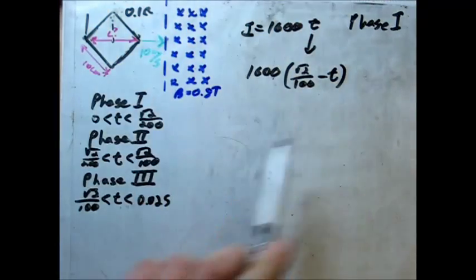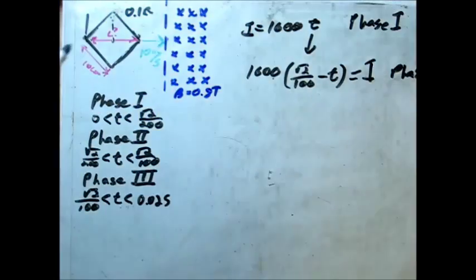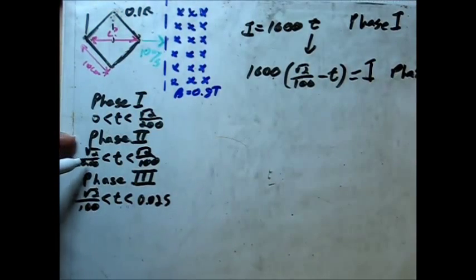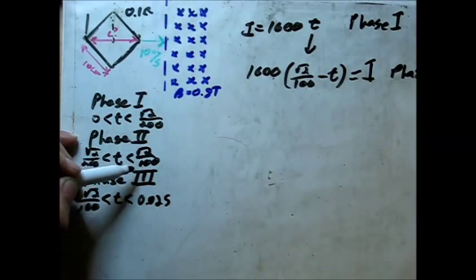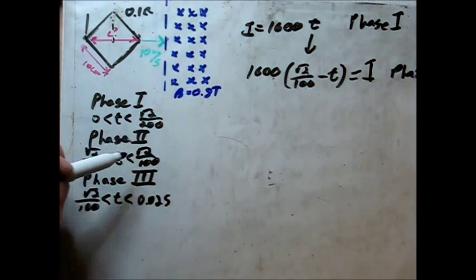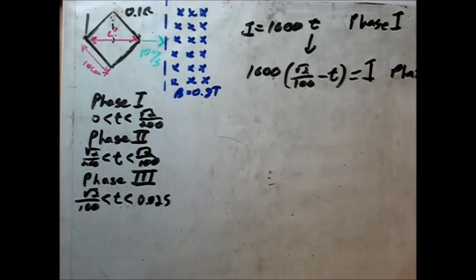Now if you did this for a number that's in phase 1, you'd get a much greater change and it wouldn't be valid. So make sure that you stay within the boundaries of phase 2, between square root of 2 over 200 and square root of 2 over 100 seconds. So let's look at what those look like on our graph real quick.